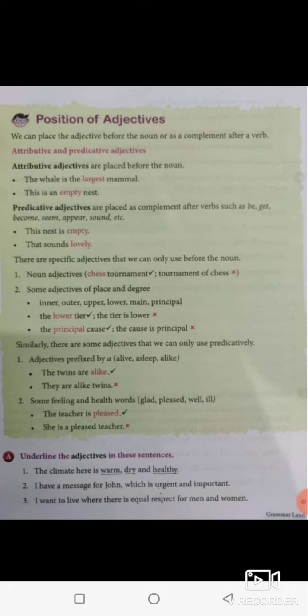The next one is I have a message for John, which is urgent and important. Here the adjectives would be urgent, important. So underline urgent, important. The third one, I want to live where there is equal respect for men and women. The word equal modifies the noun respect, so it is an adjective. Equal should be underlined.